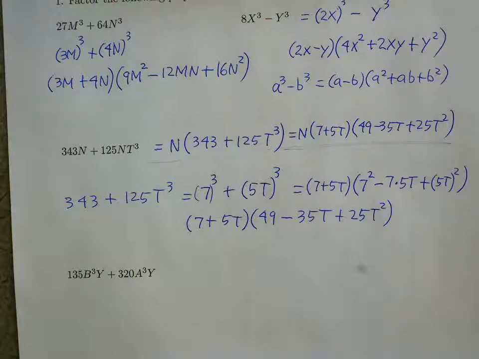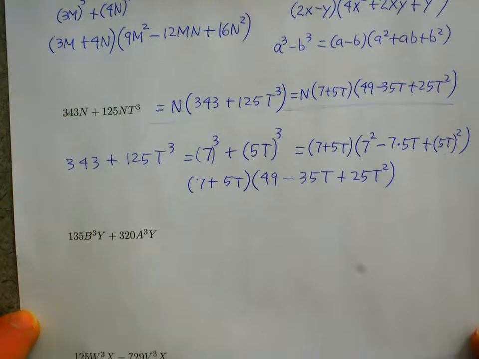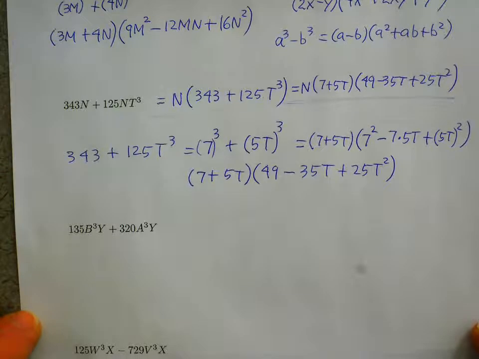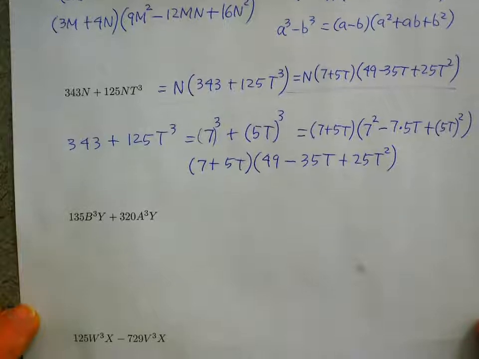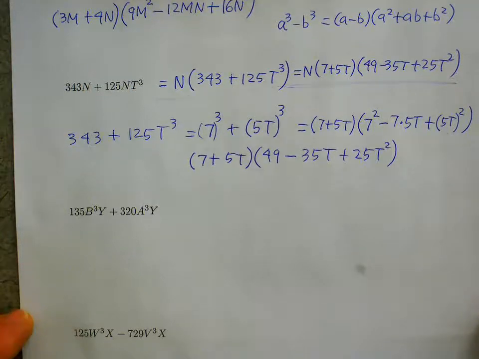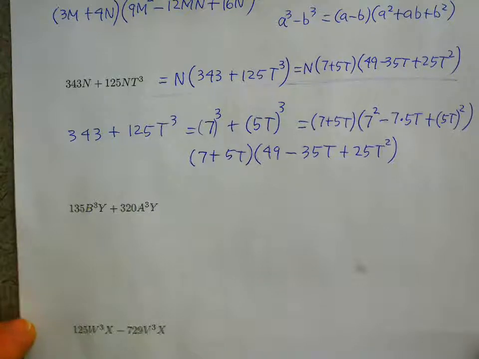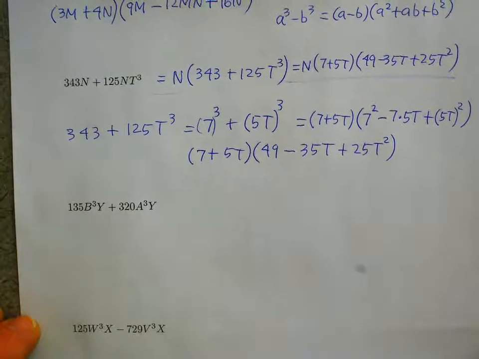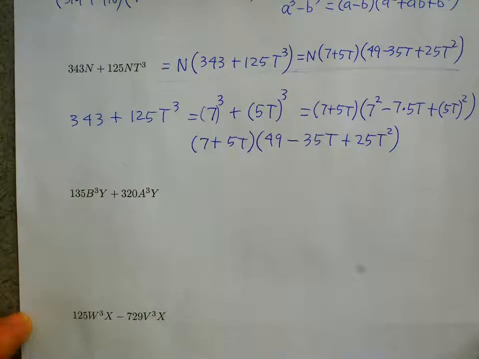Okay, the next one, 135b to the third y plus 320a to the third y. The greatest common factor isn't 1, so we have to find the greatest common factor and factor that out. So what do you think the greatest common factor is?